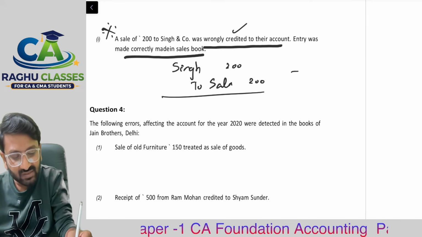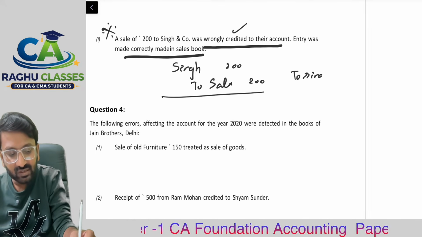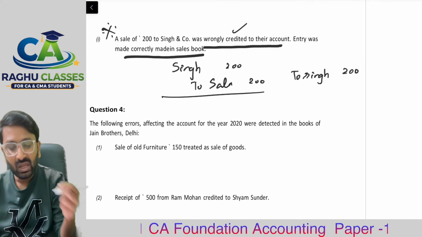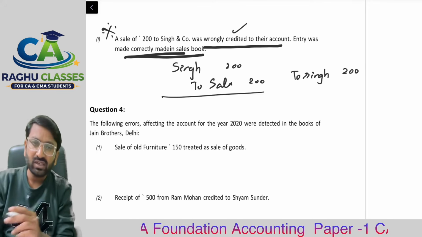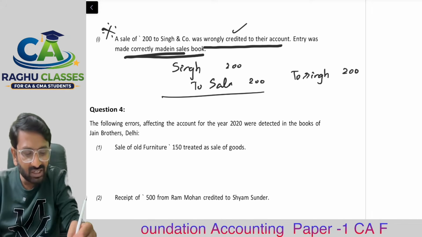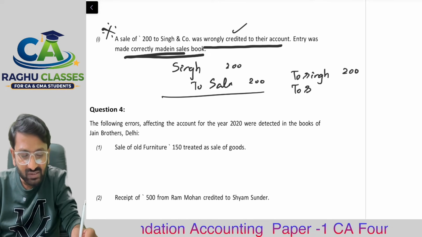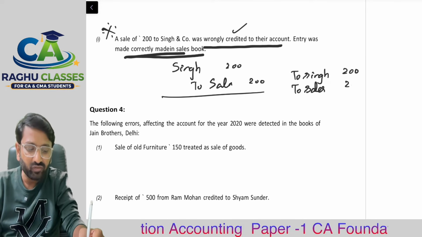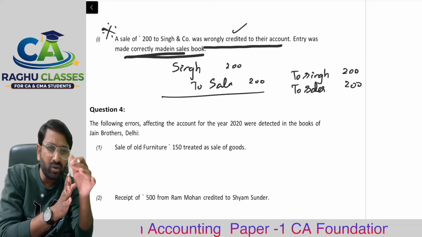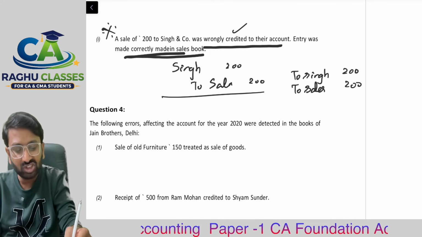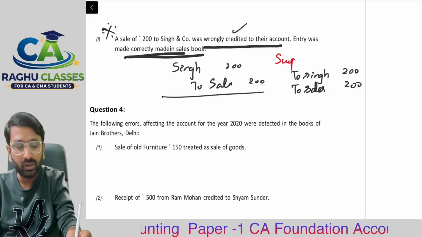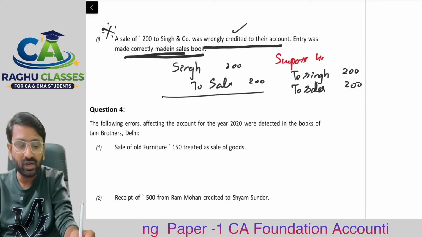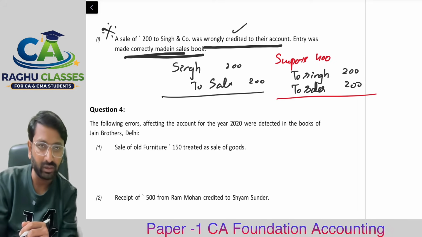So instead of debiting Singh account, they have credited Singh account for 200. And entry was made correctly in the sales book. Since entry was made correctly in the sales book, sales account is also correctly recorded for 200. So sales also credited, Singh also credited. TB would not tally, so they would have opened suspense account temporarily for 400 rupees.